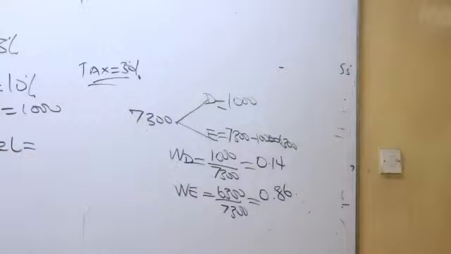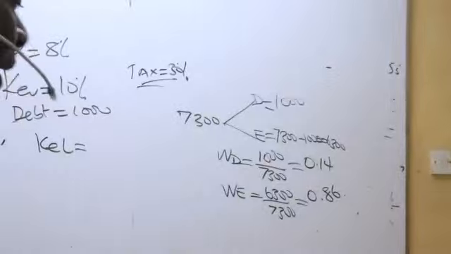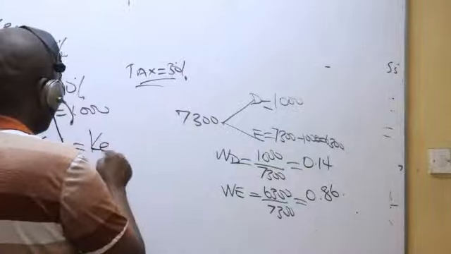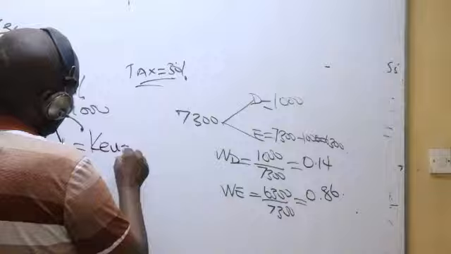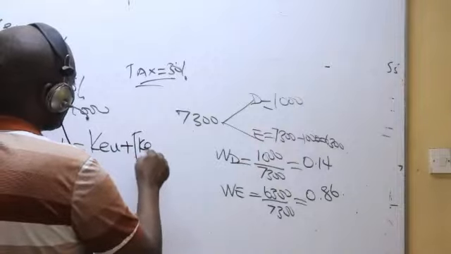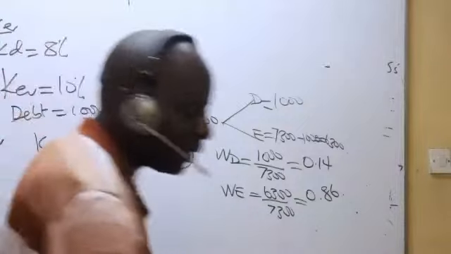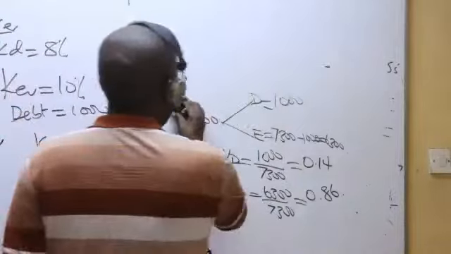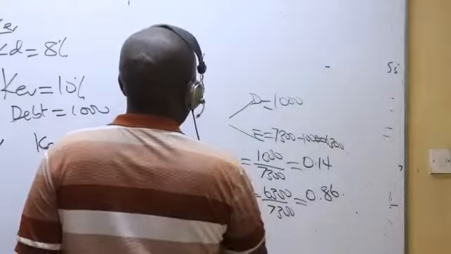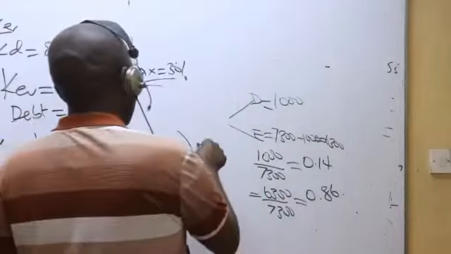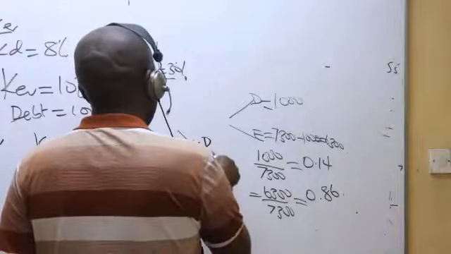KEL is KU plus, not minus, but plus, KU minus KD, into debt over equity, times 1 minus tax.